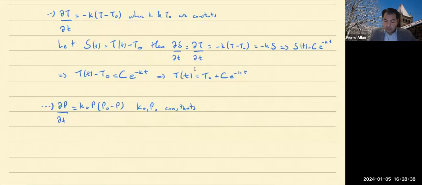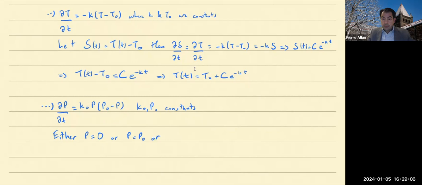Now this is a separable equation. So what I want to do is put these terms on the left-hand side. But of course we have to watch out because this could be 0. So when is it 0? Well, the cases we have to watch out for are when P is the function 0, or P is equal to the function P naught.